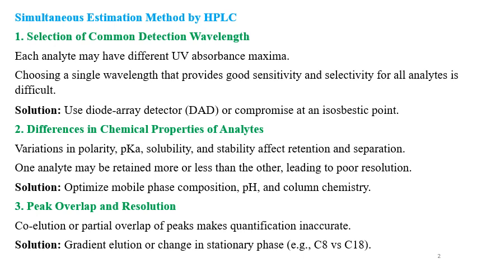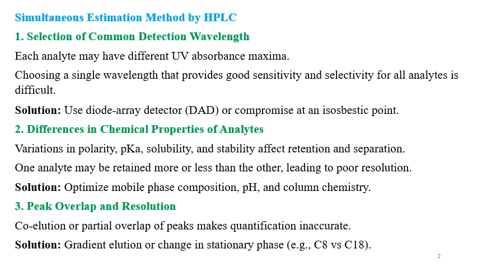Solution for this problem is selecting the suitable detector, use of DAD or compromise at an isosbestic point. Diode array detector can be used to have the detection of multiple components. There might be other solutions to this problem.